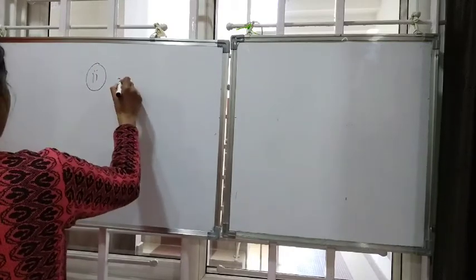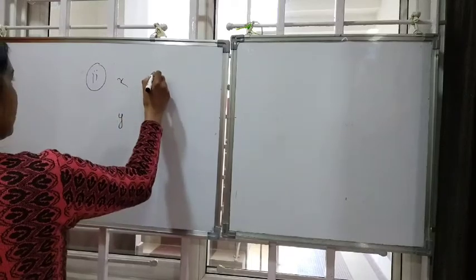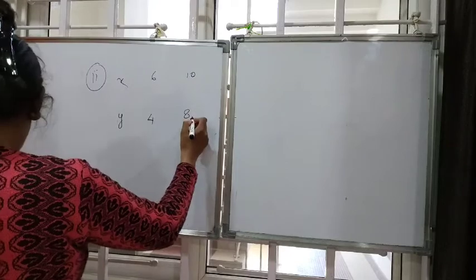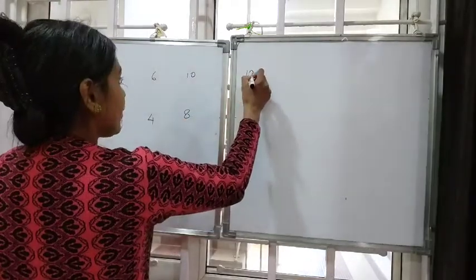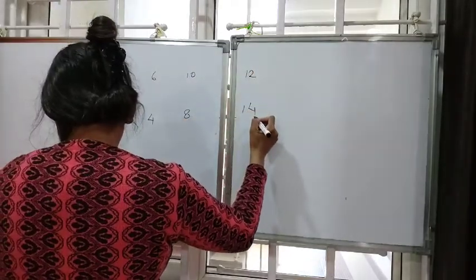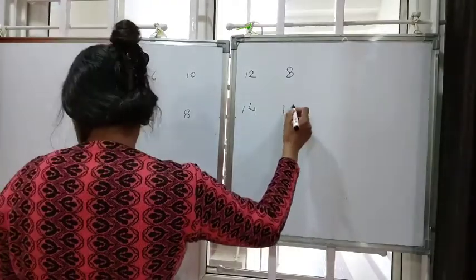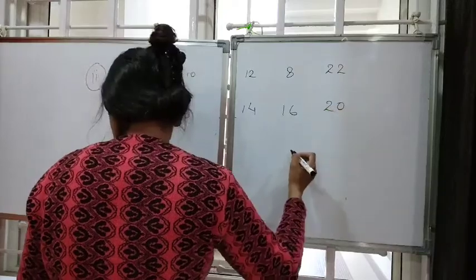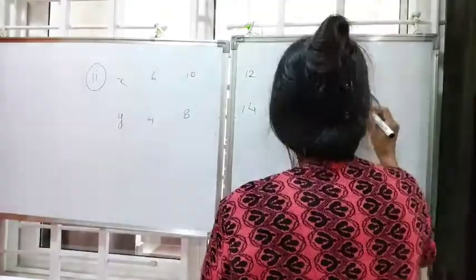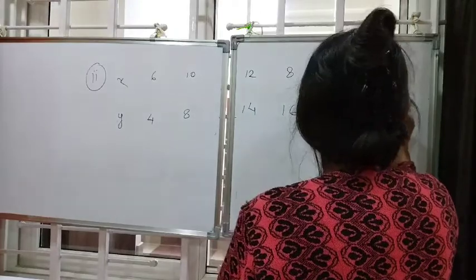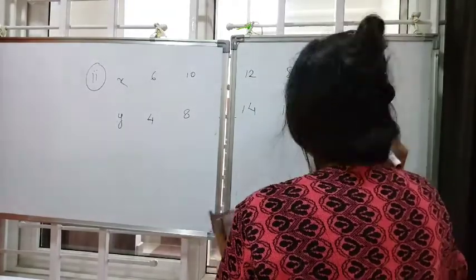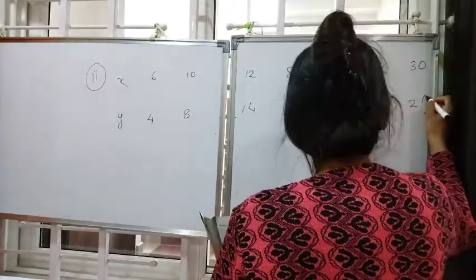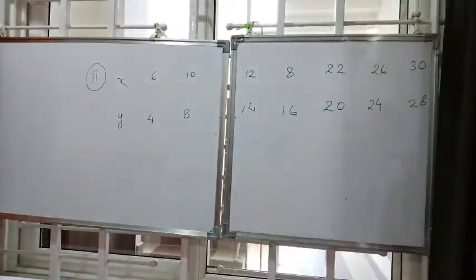Here the values of x and y are given: 6 by 4, 10 by 8, 12 by 14, 8 by 16, 22 by 20 and 26 by 24. That's it? No. So how much is it? 30 by 28.